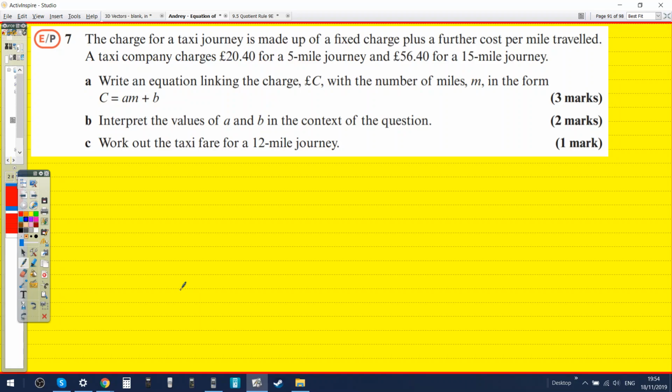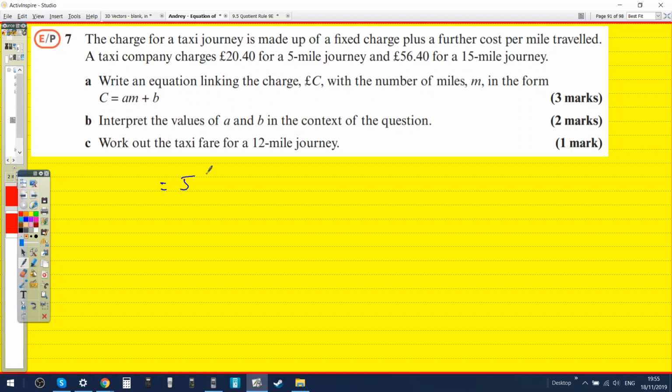So the number of miles is M. So M would be 5. Yep. And is B acceleration? No, B is the further cost, isn't it? You said C was the charge. Oh, right. Yes, right.